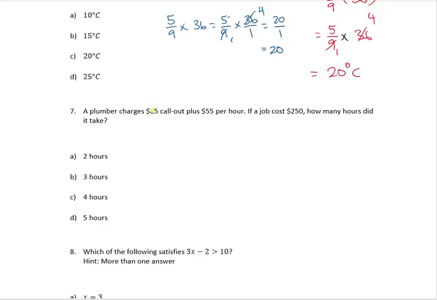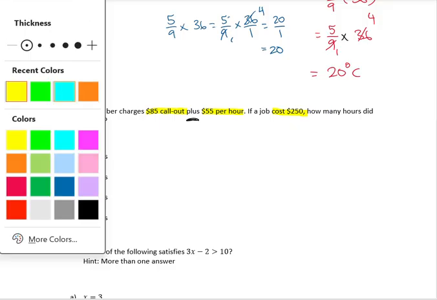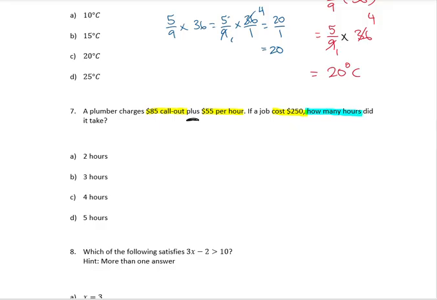A plumber charges an $85 call out fee, and then the keyword is plus $50 per hour. If the job costs 250 in total, how many hours? So you're gonna write an equation. When you make a phone call, you automatically get charged $85 straight away. And then after that, you're going to get charged $55 an hour.